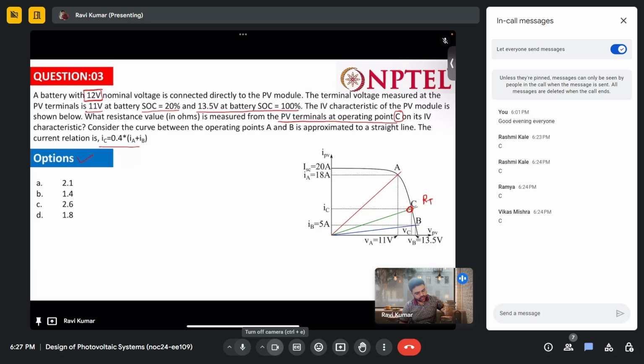I'm giving you a hint. RT will be equal to 1 by slope. Here, the green line slope. The slope of this green line will be equal to RT, 1 by slope.